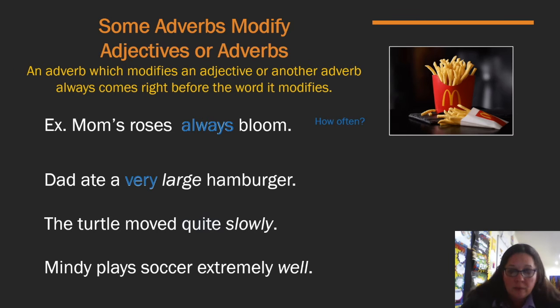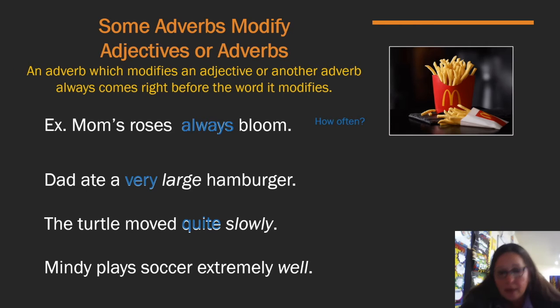Let's look at the next one. We have the turtle. How did he move? Well, he moved slowly. Slowly is the adverb. Now, what's describing slowly? Well, it's describing how he moved, and it was quite slowly. Not just a little bit, but it was a lot. Okay, so in this case, quite is modifying another adverb.